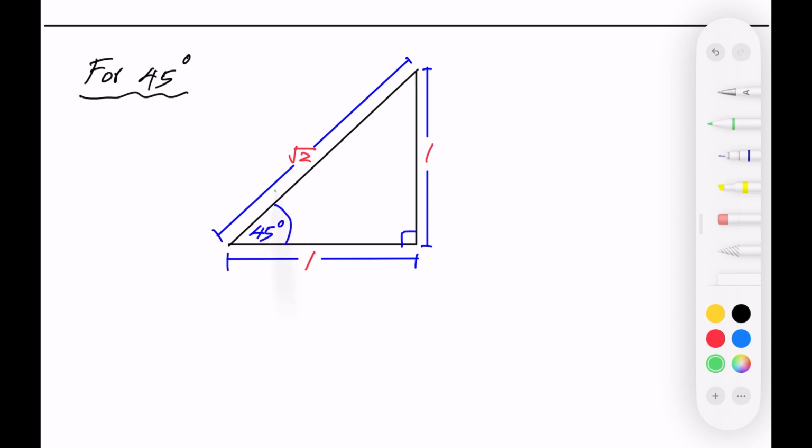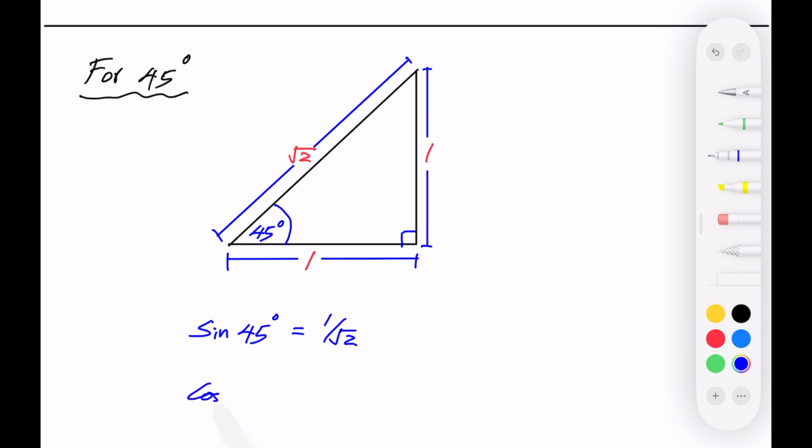Now, with respect to the angle shown right here, this is the opposite, this is the adjacent, and right here is the hypotenuse. Therefore, we can quite easily write down all the three trig ratios for 45 degrees. What should be sine 45 degrees? Sine 45 degrees should be equal to opposite over hypotenuse. Therefore, it should be equal to 1 over square root 2.